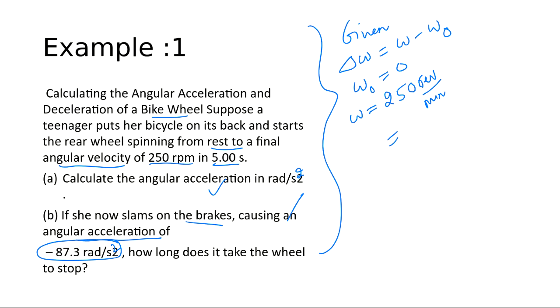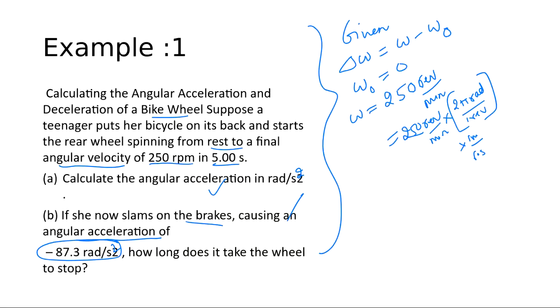250 revs per minute, multiply this by, what is 1 rev? 2 pi radians over 1 rev, and multiply this also by 1 minute over 60 seconds. So let's do this neatly here.